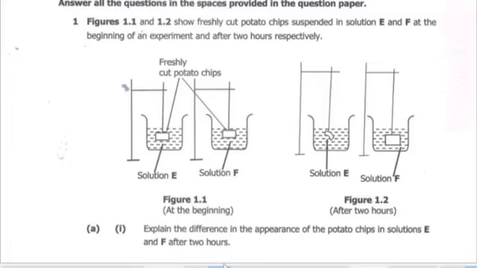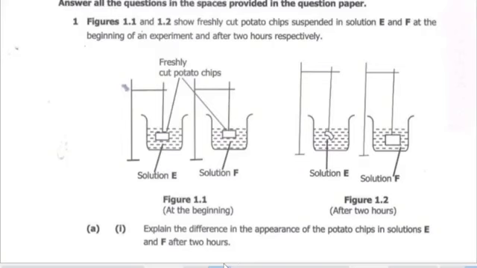Smaller. Meaning that this potato chip in solution E after 2 hours has lost water by osmosis. That's why it has even become smaller. And then when you look at the potato chip in solution F after 2 hours, you can see it has become bigger and it has gained a lot of what?